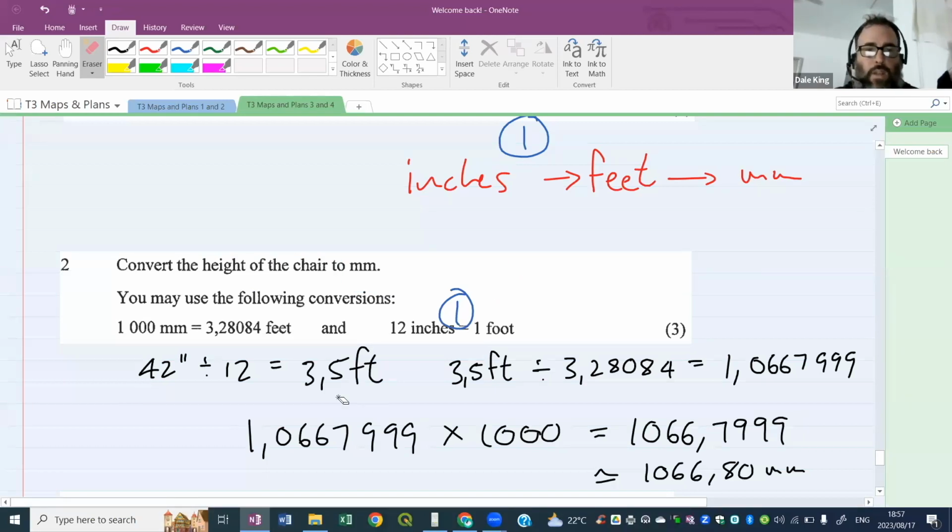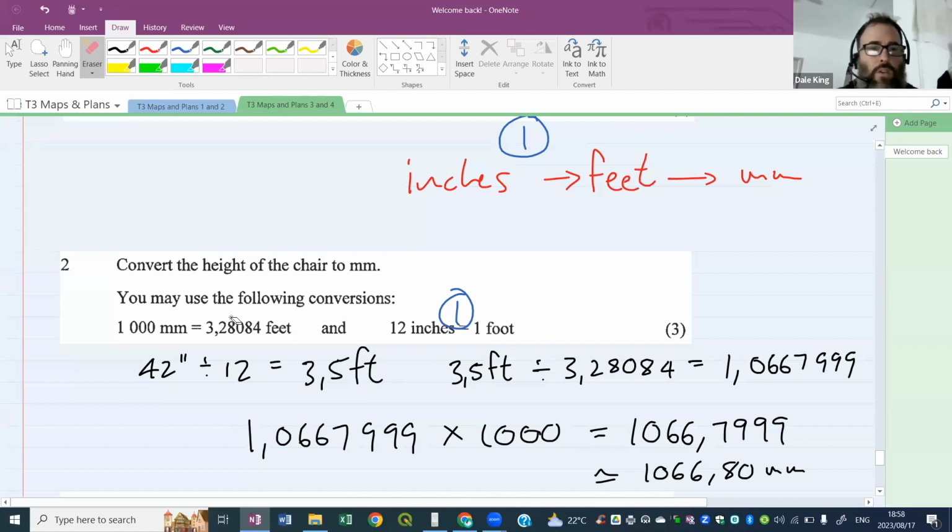If 12 inches is 1 foot, I want to know how many 12s I have in my 42. So I cut the 42 up into 12s, and I've got 3.5 of these 12-inch sections in my 42 inches. Therefore, I have 3.5 feet.